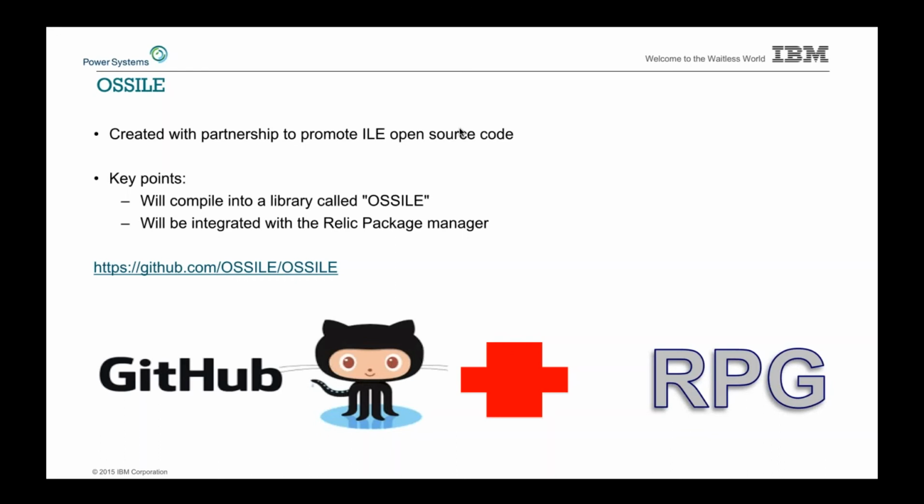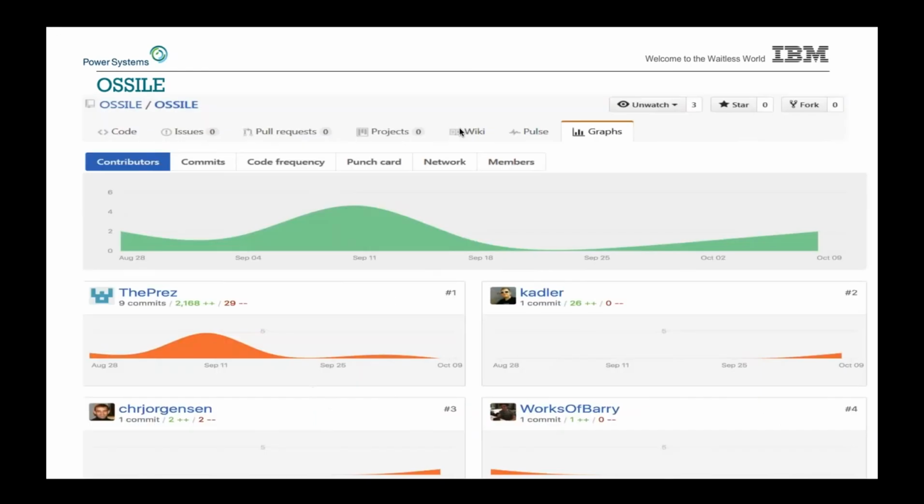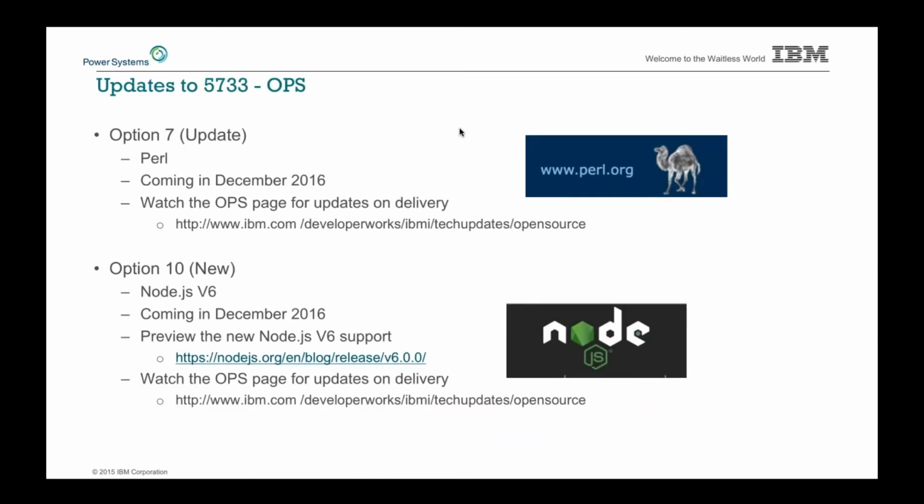So I recommend you go and check that out and contribute. Here's the latest. We've got a couple people that are contributing to this now. We're hoping to ramp that up quite a bit over time. So, an exciting new open source project that we've got started.